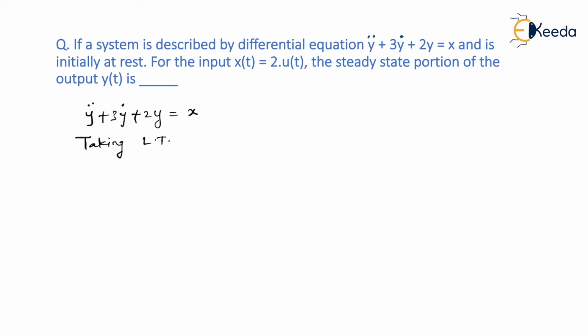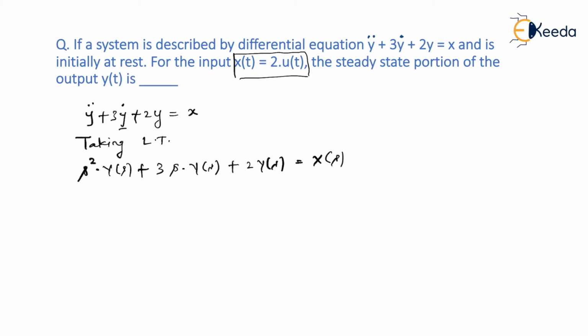So it becomes s square times Y of s plus 3 is constant, y dot means it is s times Y of s, plus 2 Y of s equal to what? X of s. But the input is given, right? x of t is equal to twice of u of t. So if you take the Laplace transform of this, it will become X of s, which is 2 upon s. Am I right?